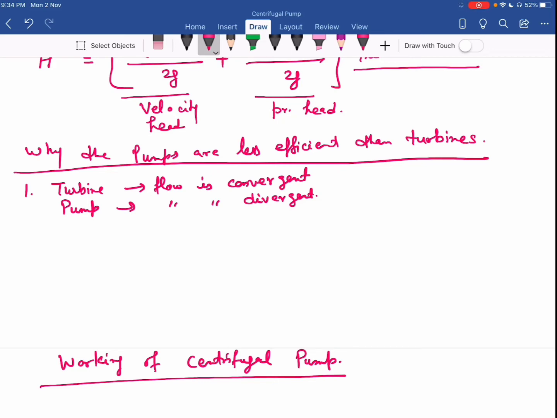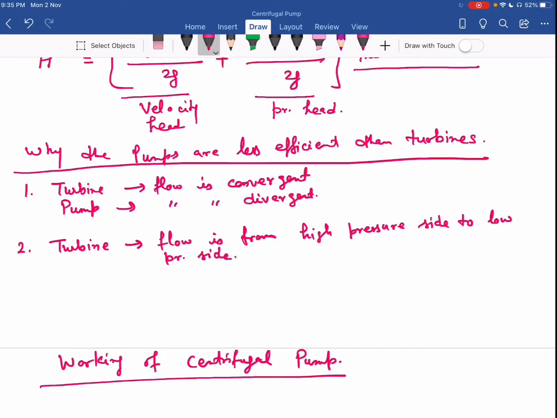Now the second thing is, in a turbine, the flow is from the high pressure side to the low pressure side. In a pump, the flow is from the low pressure side to the high pressure side.